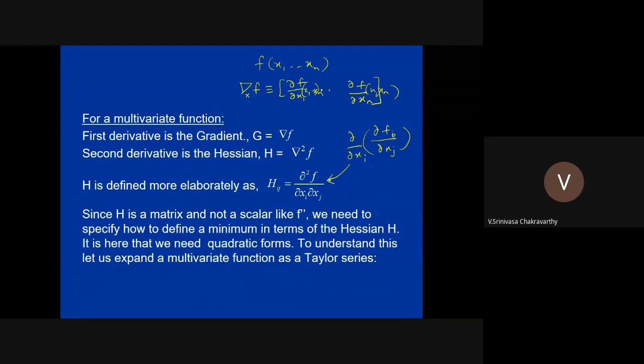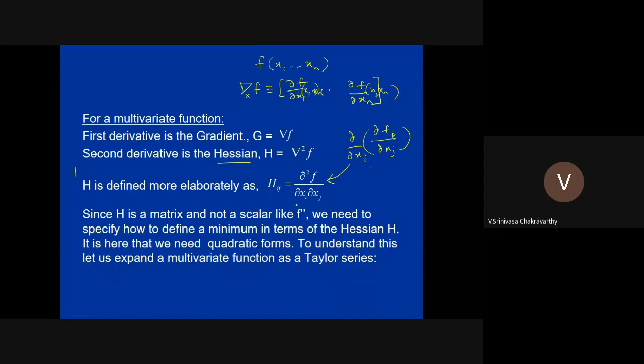This is the ijth element of this second derivative matrix, and this matrix is called the Hessian, denoted by H.